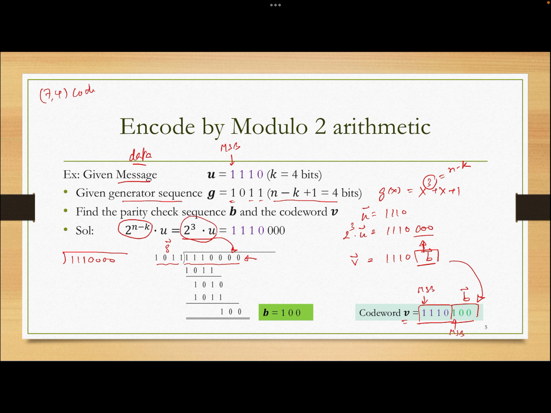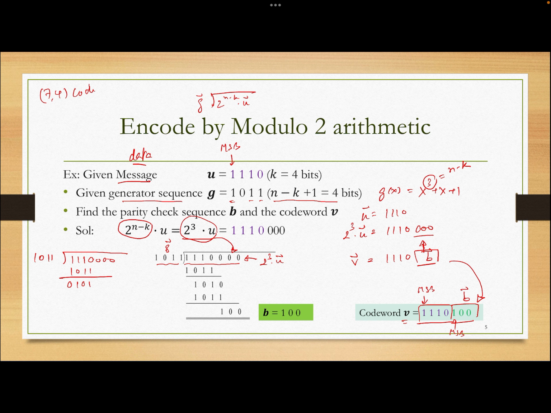Basically this is 2 to the n minus k times u, divided by g. So g is 1011, right? We can write it as u shifted divided by g, like this also. When you divide, the first non-zero, you put it here like this, and then you get 0101.